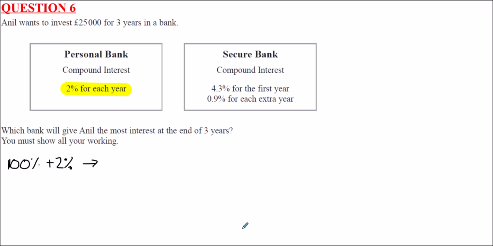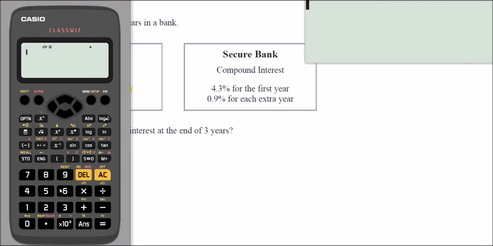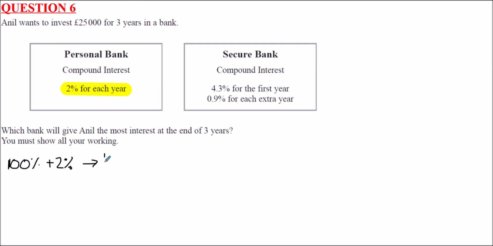So 100% plus 2% we can do here. So 100, shift, percentage button, plus 2, shift, percentage, gives 102%, but importantly as a decimal, it's 1.02. So this one here is 1.02.